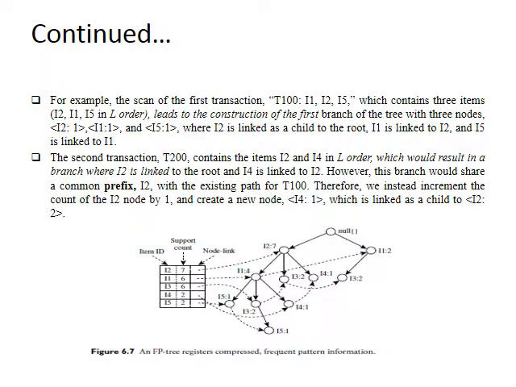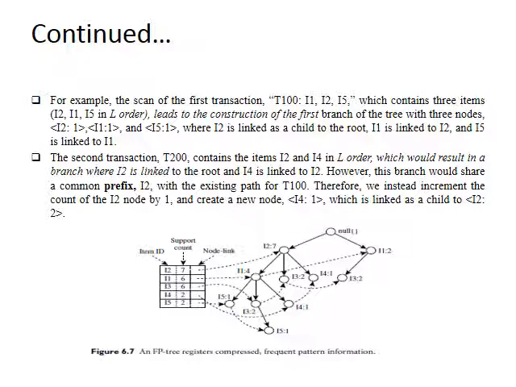For example, the scan of the first transaction T100, I1, I2, I5, which contains 3 items, gives I2, I1, I5 in L order, because whatever items you face under a transaction should be arranged in L order.